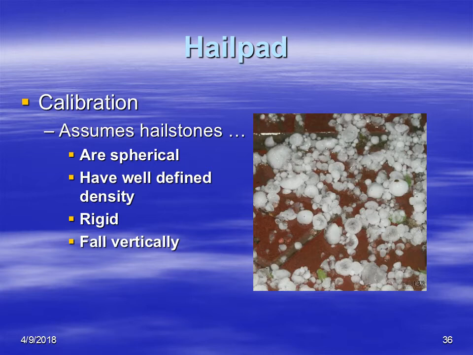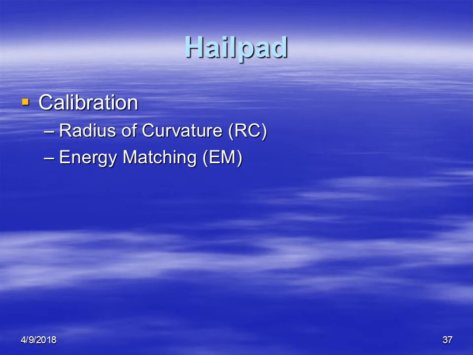And when we calibrate hail pads, we assume that the hailstones are spherical and they have a constant density. They're not varying in density, and that they're rigid. They don't break when they hit, and they fall vertically. But that doesn't always happen. And there are two ways to calibrate hailstones. You can either calibrate the radius of curvature, or you can do energy matching.